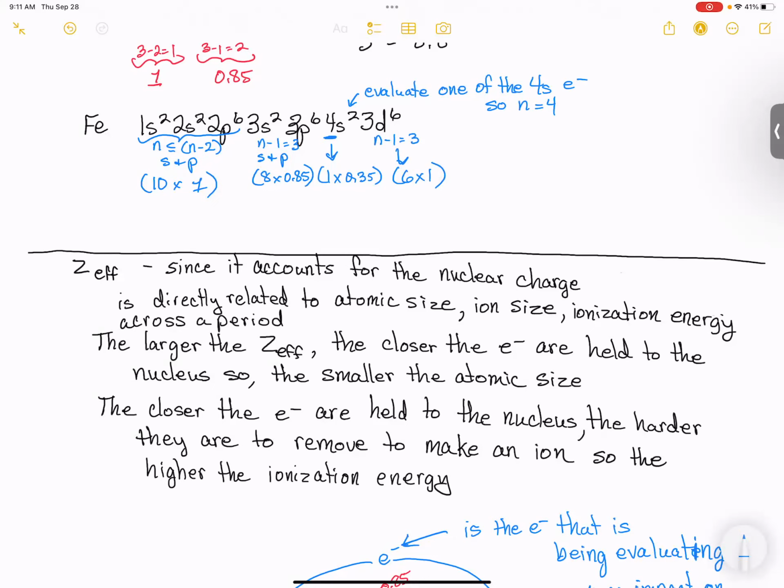So what we have for the electron we're evaluating, our S is going to equal 10 times 1 for our first shell and second shell, plus 8 times 0.85 for our third shell s and p, plus 1 times 0.35 for our 4s, plus 6 times 1 for our 3d.